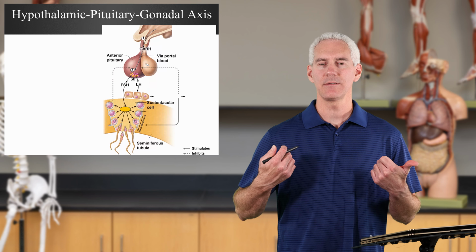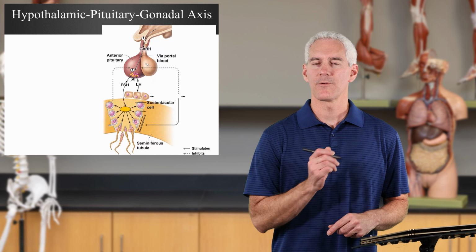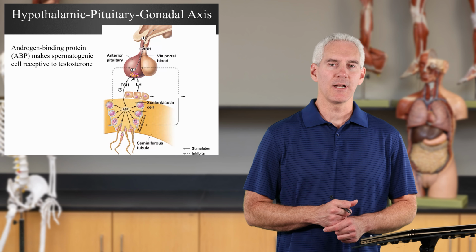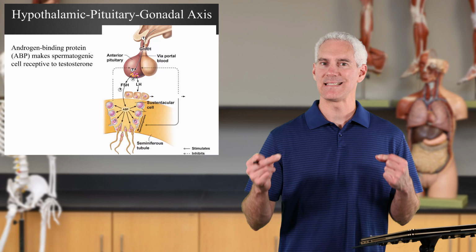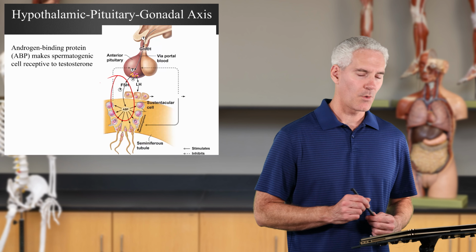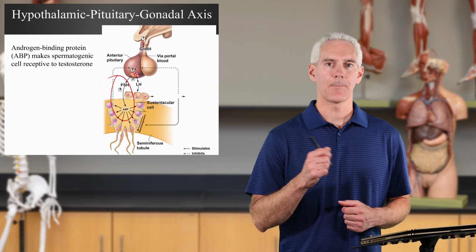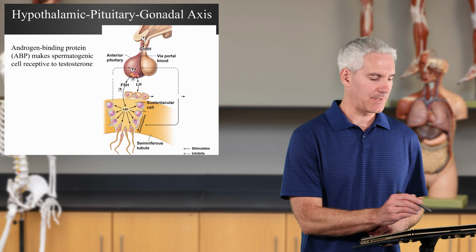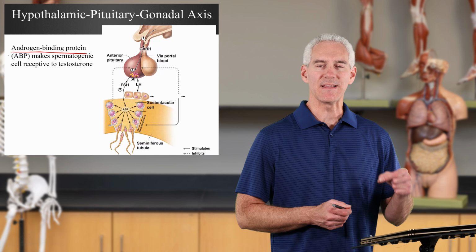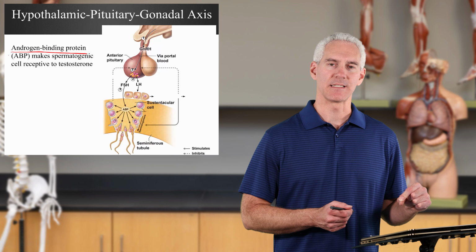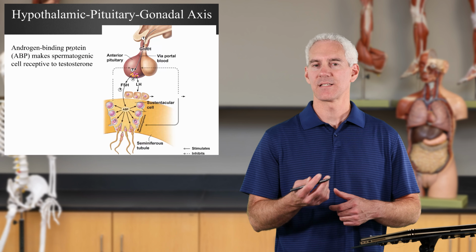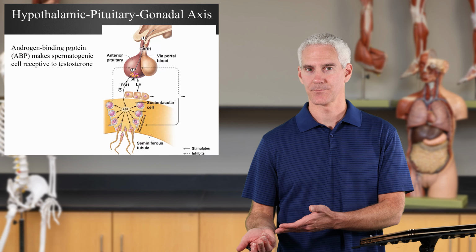Those two will go into the bloodstream and they'll go head to foot, but we're focusing on what happens when they reach the testes. You're going to have both of them stimulating different cells. The FSH is going to stimulate ABP. Now, ABP is androgen binding protein. You need this FSH to stimulate the androgen binding protein because that makes the cells receptive to testosterone.